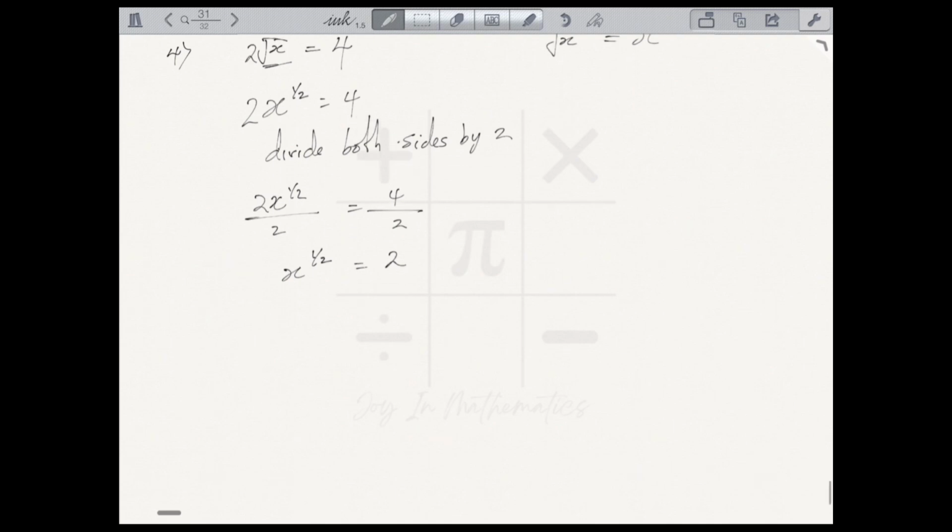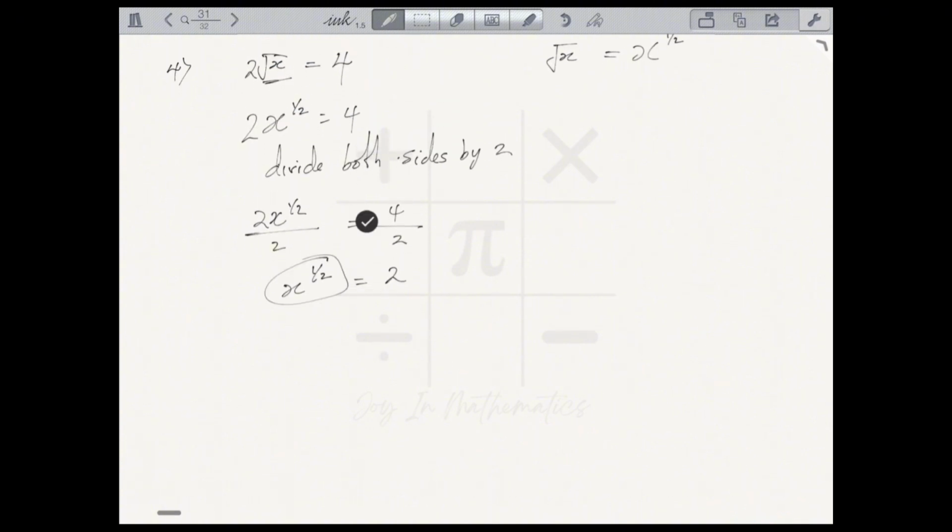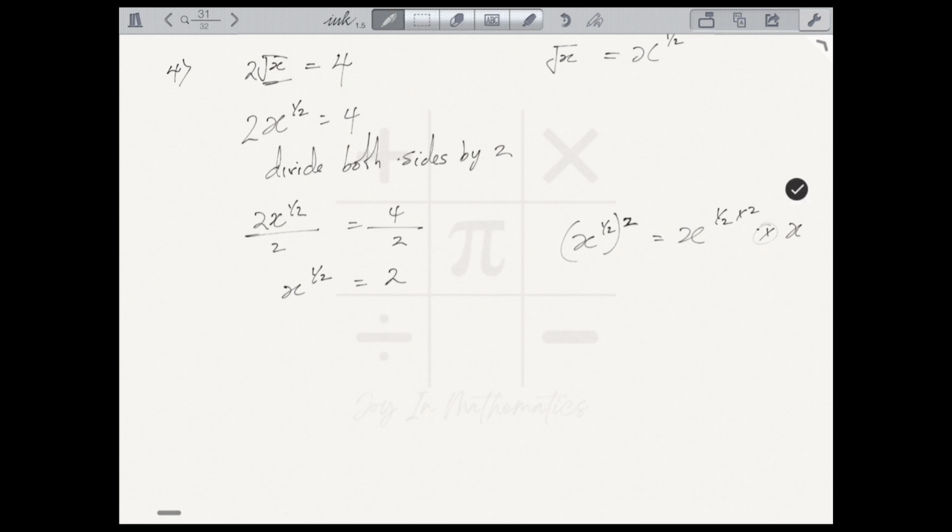x raised to the power half is equal to 2. Now, how can I resolve x raised to the power half and turn it to x raised to the power 1? Now, if I say x raised to the power half, and I square it, I will have x raised to the power 1 over 2 times 2. And this would give me x raised to the power 1. So the next thing to do now is to square both sides.